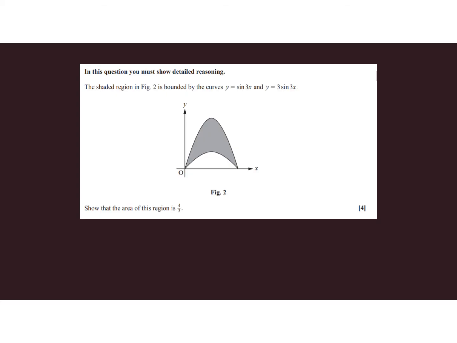So our next question involves trigonometry to start off with. We've got a shaded region which is bound by the curve y equals sine 3x and y equals 3 sine 3x. Obviously the curve with the higher amplitude is y equals 3 sine 3x, so that's the green function there, and then the lower function over here is of course y equals sine 3x.